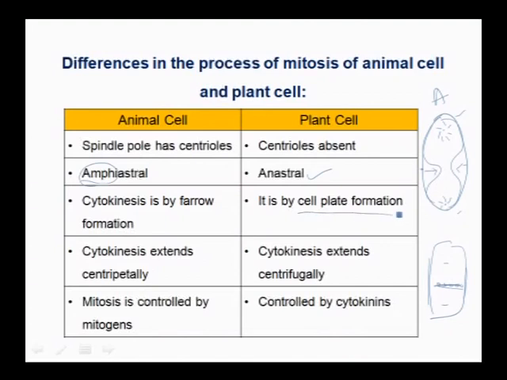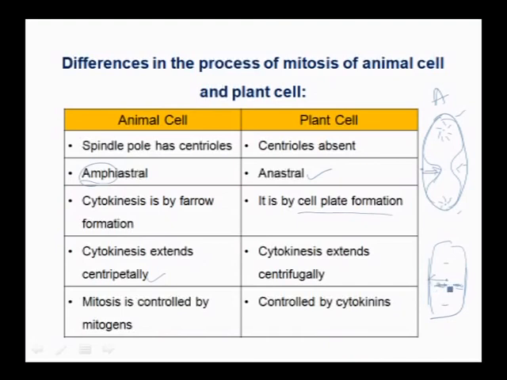Next comes the direction of cytokinesis. Here, cytokinesis extends centripetally, whereas in plant cell it occurs centrifugally. Centripetally means from the periphery to the center. Whereas in plant cell, it starts from the center and moves towards the periphery.